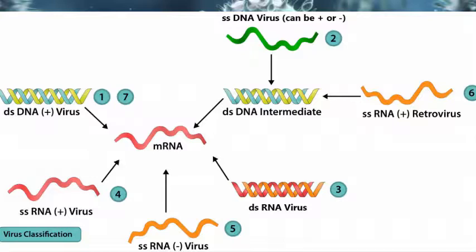Differently, the viruses which have a single-strand negative RNA need to convert the RNA into a positive strand because the negative polarity of the RNA prevents the RNA from being recognized by the ribosomes.